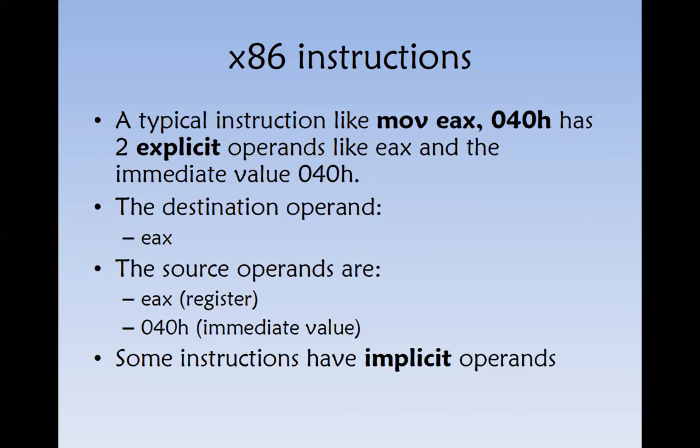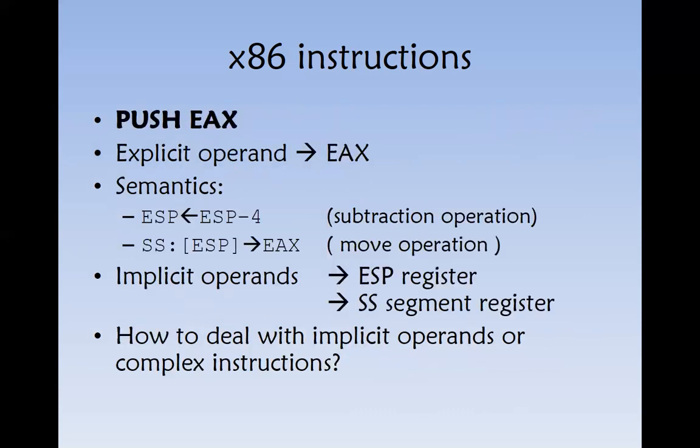But some instructions also have these implicit operands, the other things that are affected when the instruction executes that you don't visually see when you look at the instruction. Here is one: you've got push EAX. EAX is the explicit operand, but it also has implicit semantics, where when you push something on the stack, the value of ESP is going to reduce, right?